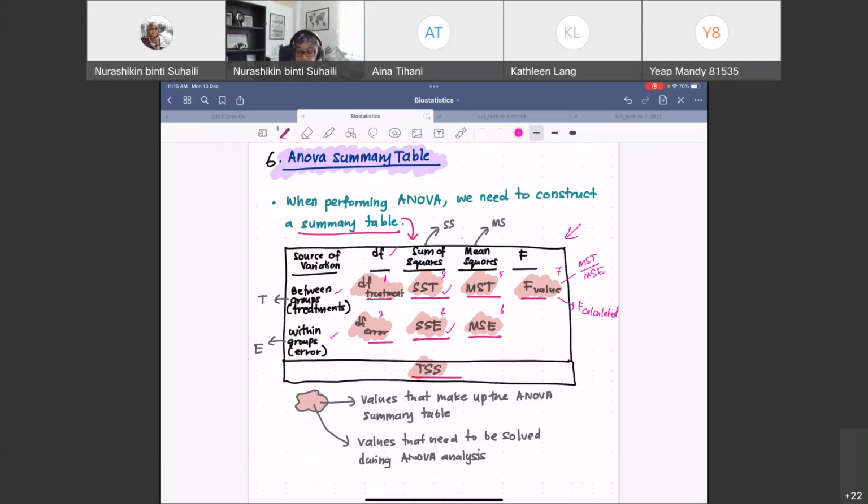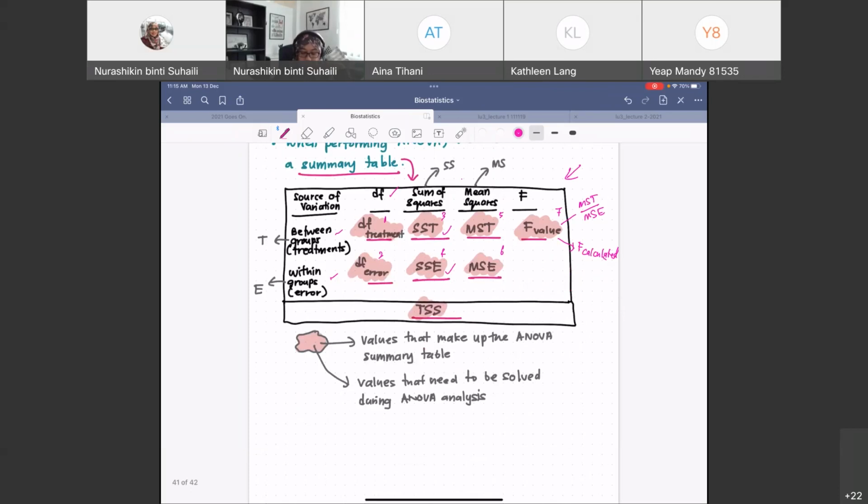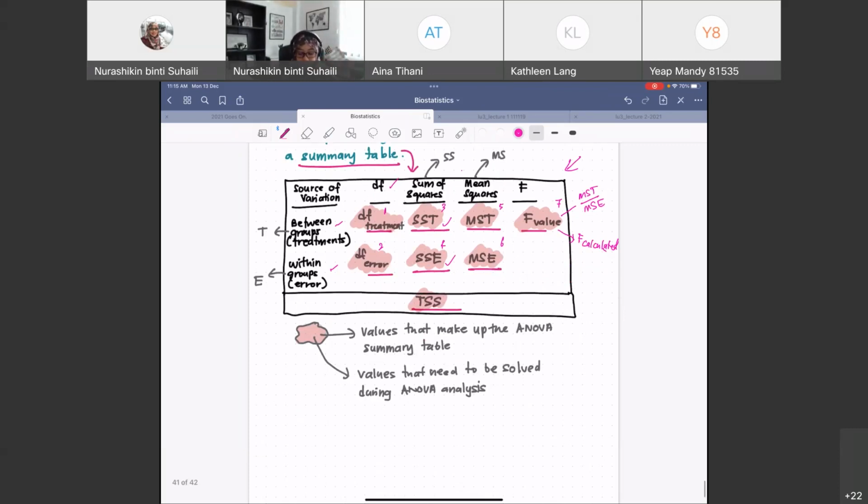So at the end, all the values inside the table will affect the F value. If you got incorrect values for MST or SSE, you would get an incorrect value for the calculated F. That's why it's very important to make sure that all the values in this table are correct, because you need to get the F calculated. These are the values that you have to solve, and you have to construct this summary table in your workout. So what's more?